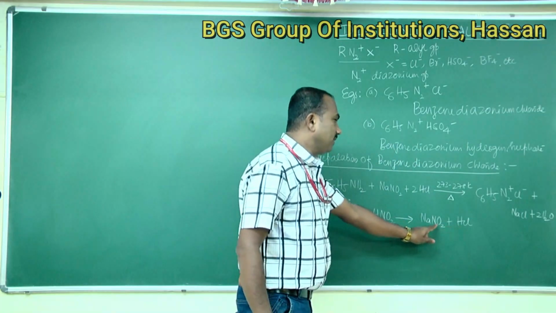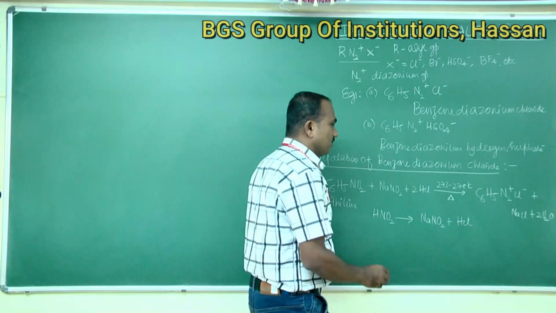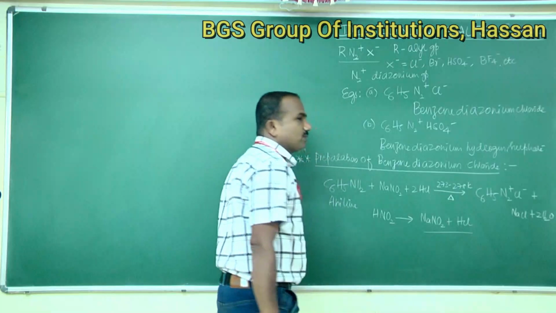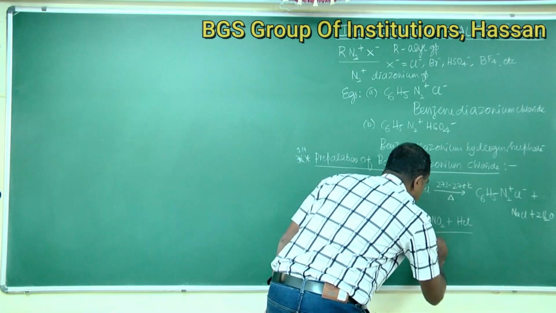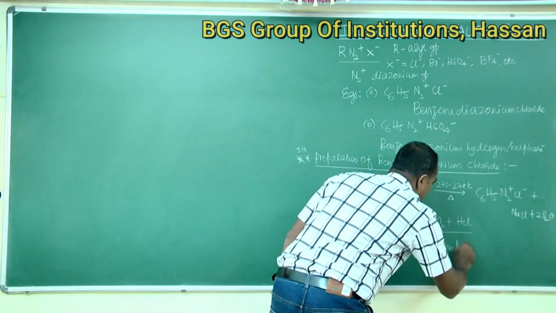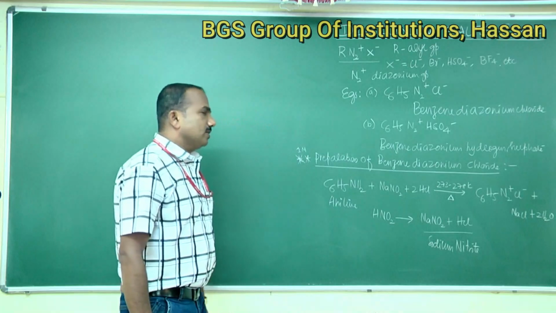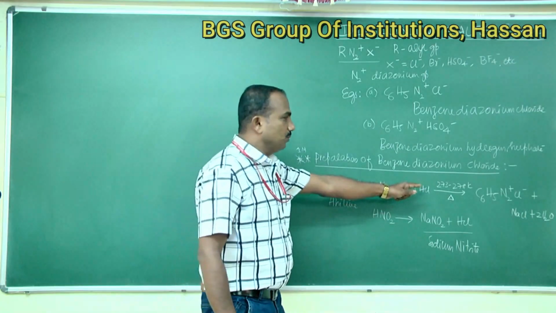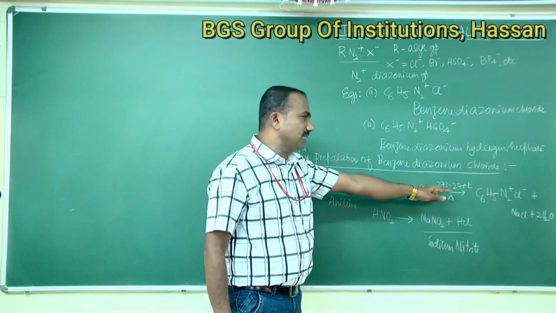H combines with NO2 to give HNO2, and Na combines with Cl to give NaCl. The temperature is 273 to 278 Kelvin, that is 0 to 5 degrees Celsius.